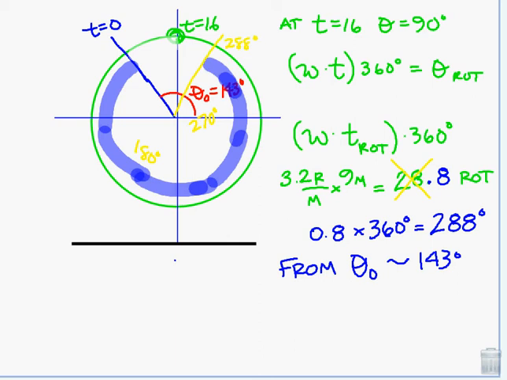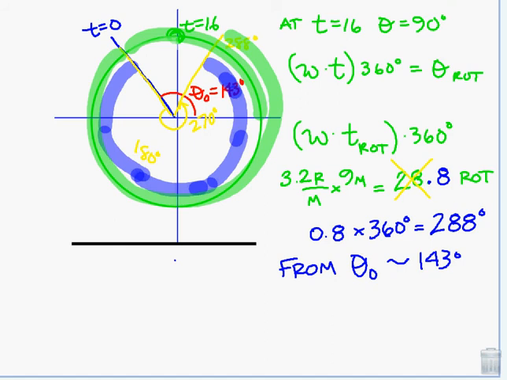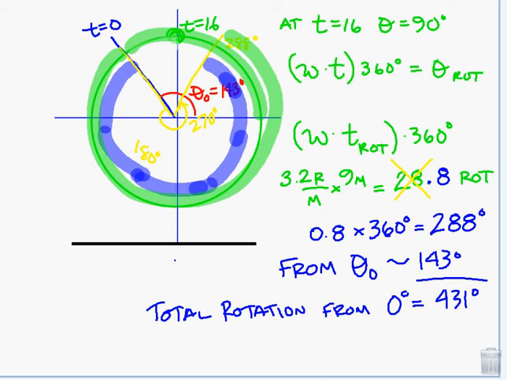Now I've gone 288 degrees from the original, then essentially I've gone around the circle 143 degrees and 288 degrees, which is a total rotation of 431 degrees, which then essentially has an overlap there, right?